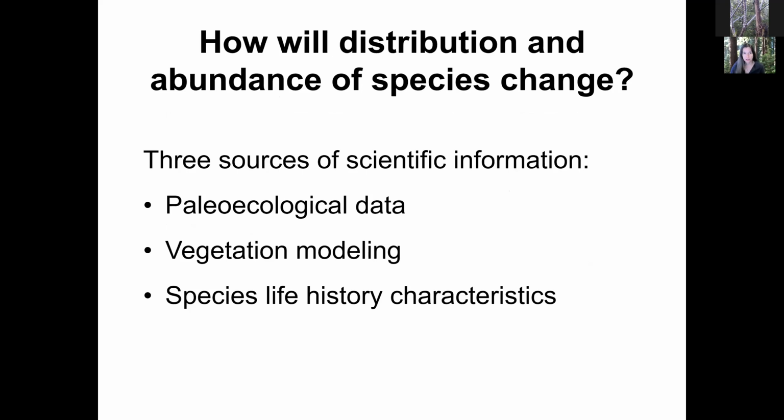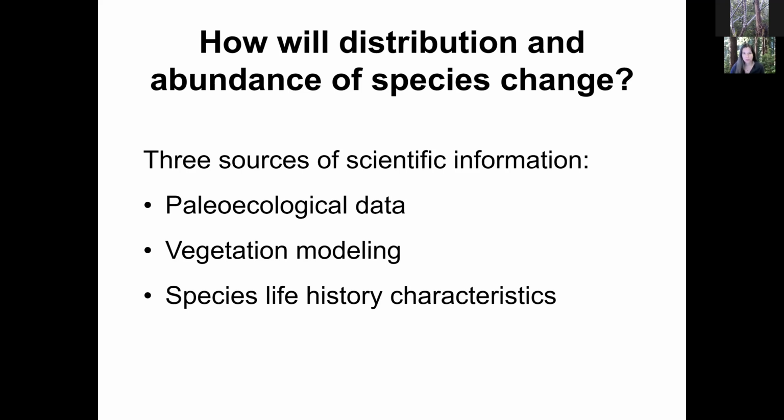So shifting here to how we think about how tree species distribution and abundance will change with climate change. We have a couple of different sources of information we use to think about this. One is paleoecological data that goes hundreds to 1,000 years in the past. That's based on lake sediment cores and also tree rings.